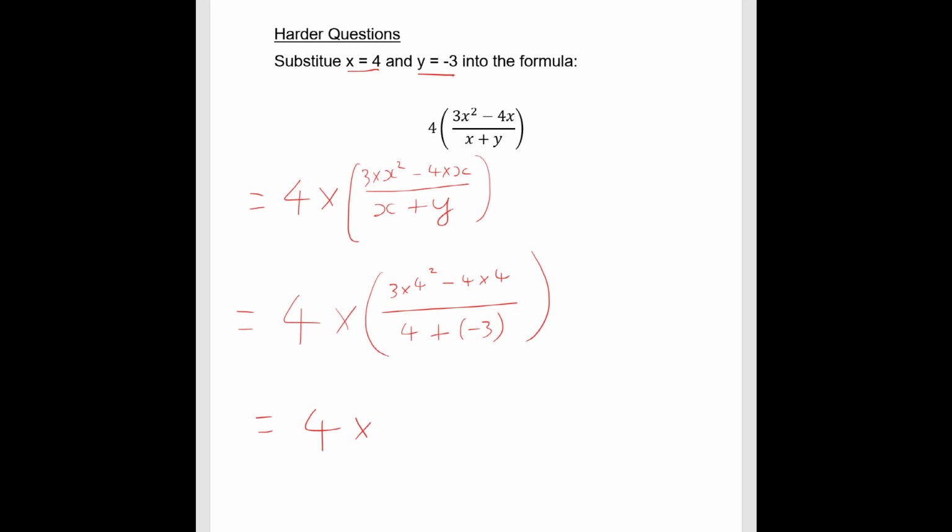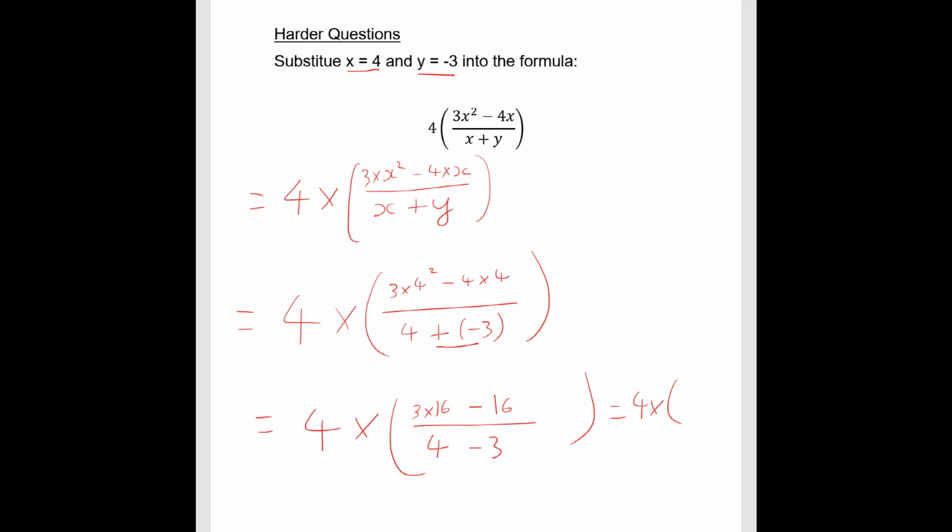This is 4 times, so in the brackets now, 4 squared is 16, so I've got 3 times 16, take away 4 times 4, which is 16. 4 plus minus 3, I've got a plus sign immediately next to a minus sign. That becomes a minus, so I have 4 take away 3, giving me 4 times. Now I have 48. 3 times 16 is 48.